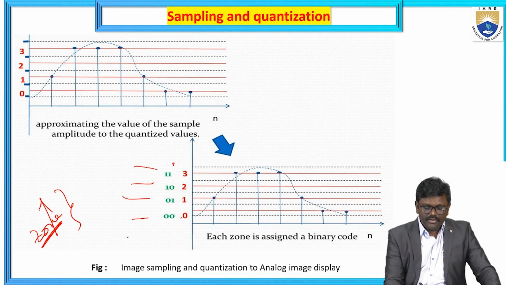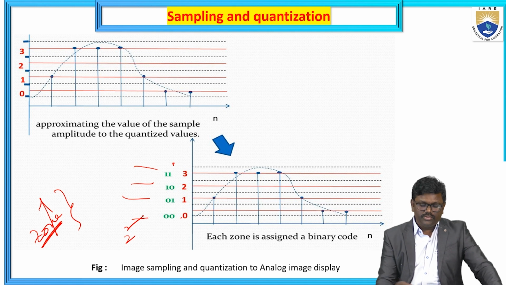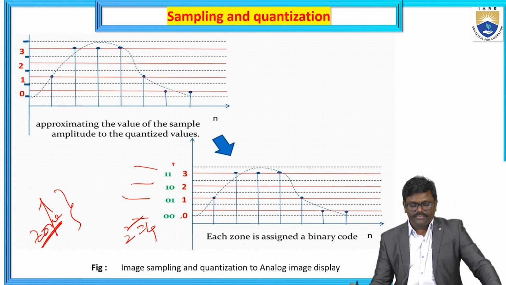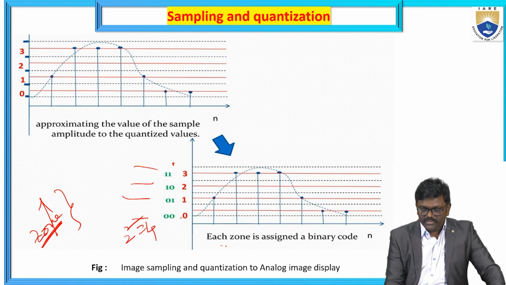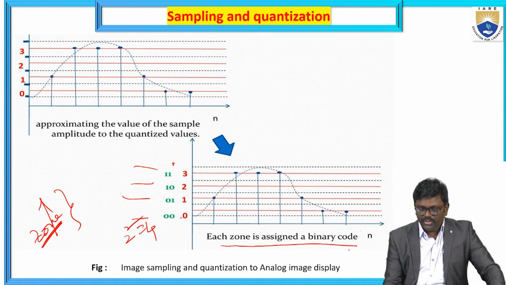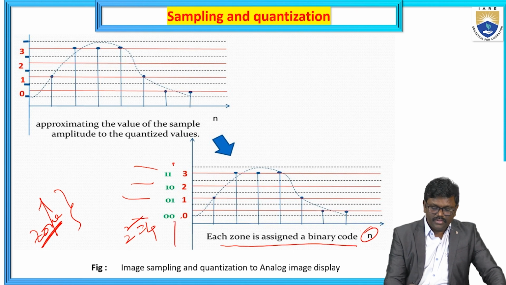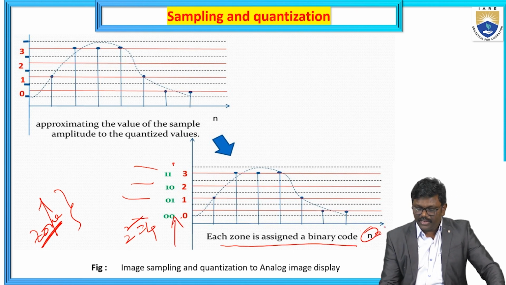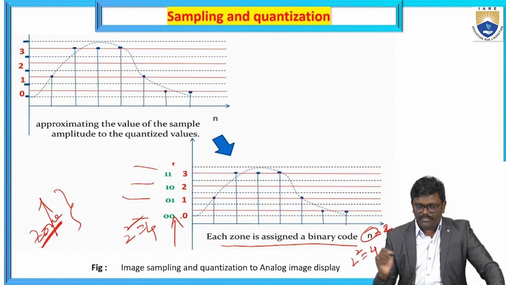So here simply 2 power of 2 equal to 4 combinations will happen. Each zone is assigned a binary code value. So this is your binary code depends upon n equal to 2. Here n equal to 2, 2 power of 2 equal to 4 combinations.